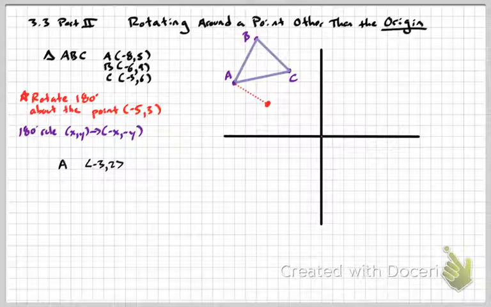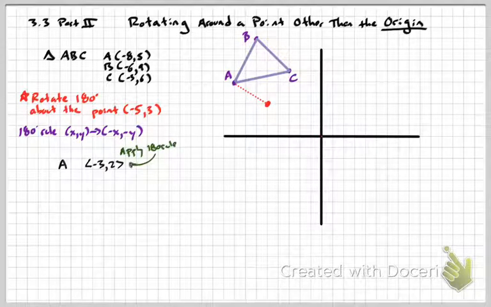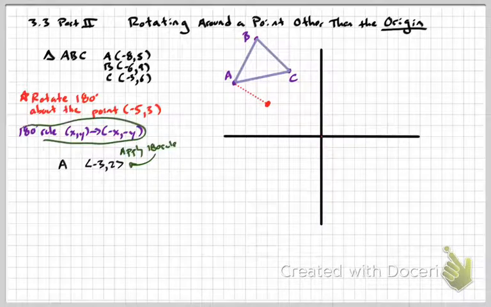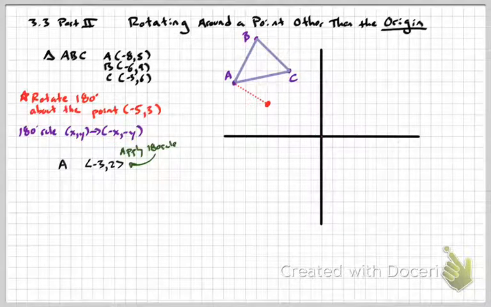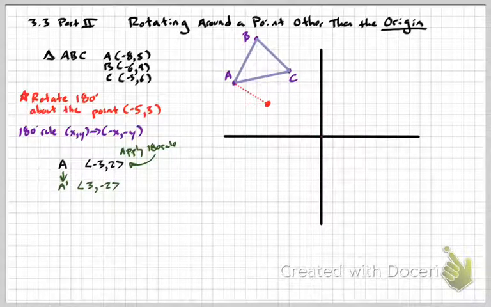Now, here's where this is the hack. So what we do next is we apply the 180 rule to the vector, okay? So in this 180 rule, it says xy becomes -x, -y. So to get to A prime from our center of rotation, we do a vector of 3, -2.